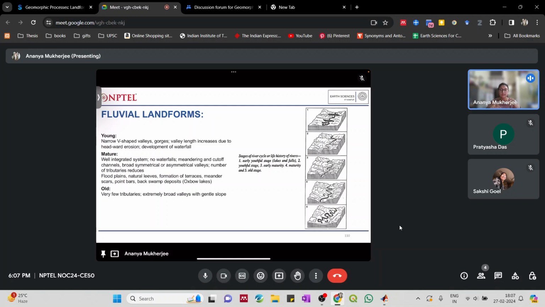As we glimpsed last week, different structures, landforms and landscapes are formed at different stages of the river's life. In the young stage, mostly we get V-shaped valleys and gorges.